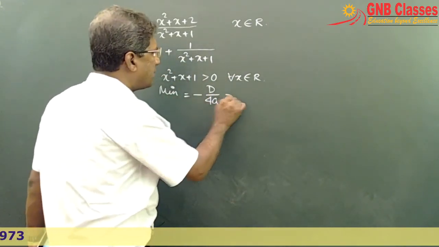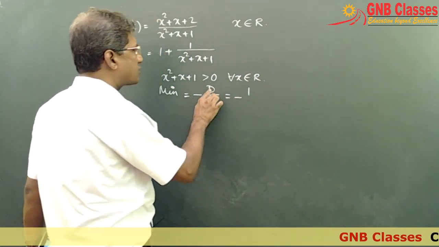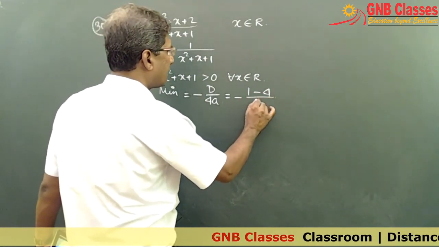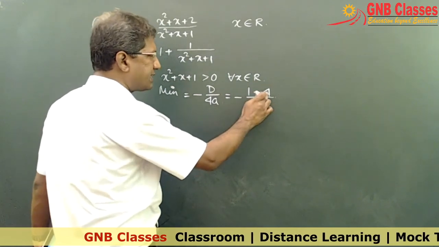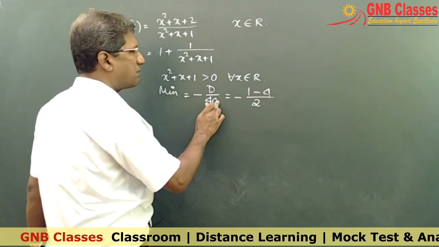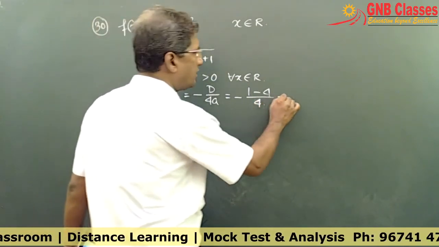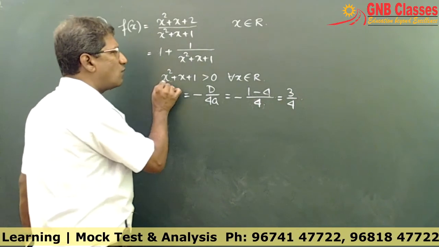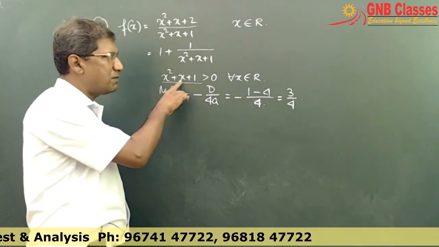Minus D means the discriminant b square minus 4ac divided by 4a. So b square minus 4ac is 1 minus 4, and 4a gives you 4 only. So you are getting 3 by 4. That is the minimum value of the expression x square plus x plus 1.